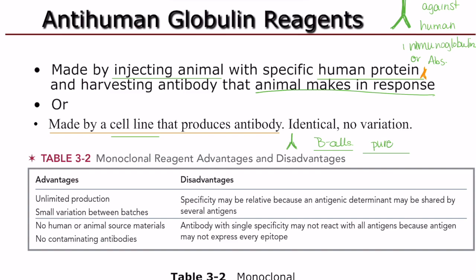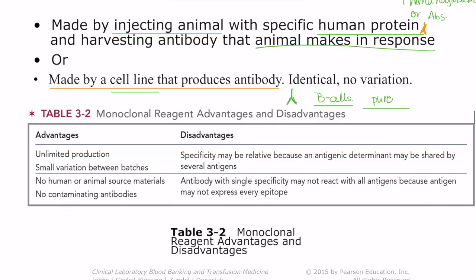And here are the advantages of some of these. We do call these monoclonal. It's unlimited production. There's very small variation between those. No human or animal sources, and no contaminating antibodies. So up here with this one, we have to purify it and remove it from all those other antibodies that the animal might have.